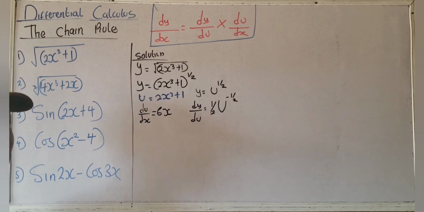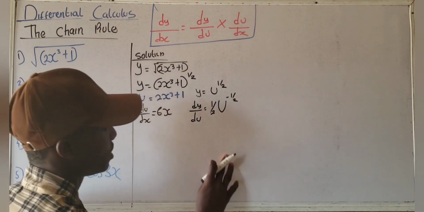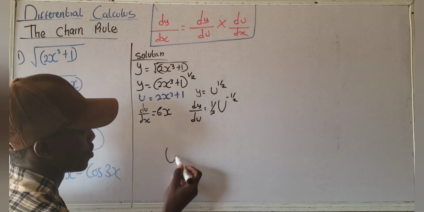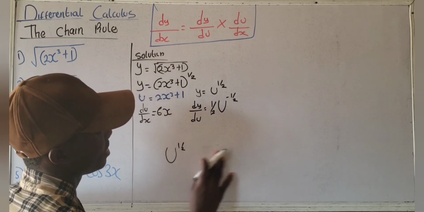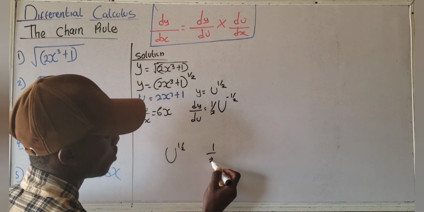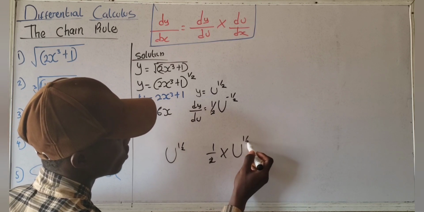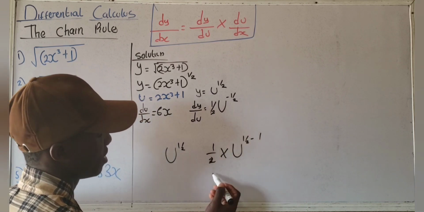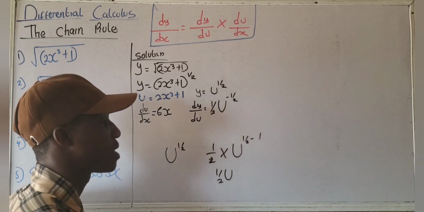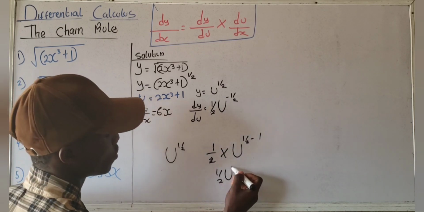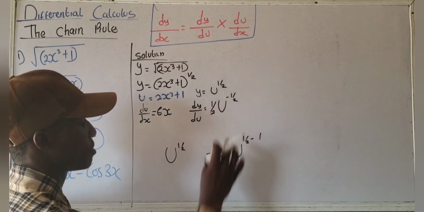Now, according to the power rule, the derivative of u raised to the power of 1 over 2 will be 1 over 2 multiplied by u raised to the power of 1 over 2 minus 1. 1 over 2 minus 1 is minus 1 over 2. That's why I got minus 1 over 2.